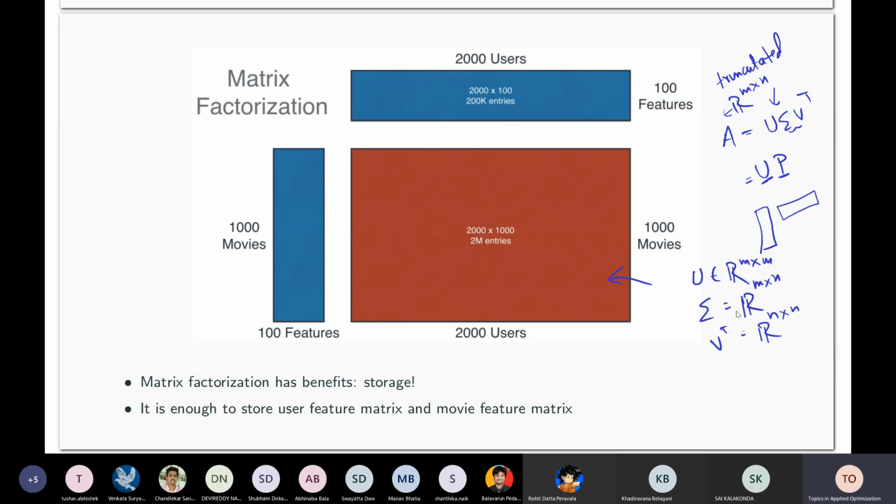But what will happen in practice is that in sigma, if the rank is less, non-zero values will be there, but beyond a certain point it will just produce 0. So then you will truncate it, and that is called truncated SVD. If you truncate it, then U can be truncated. Let us say the rank of the matrix is R, so only R singular values will be non-zero. That's what SVD guarantees.